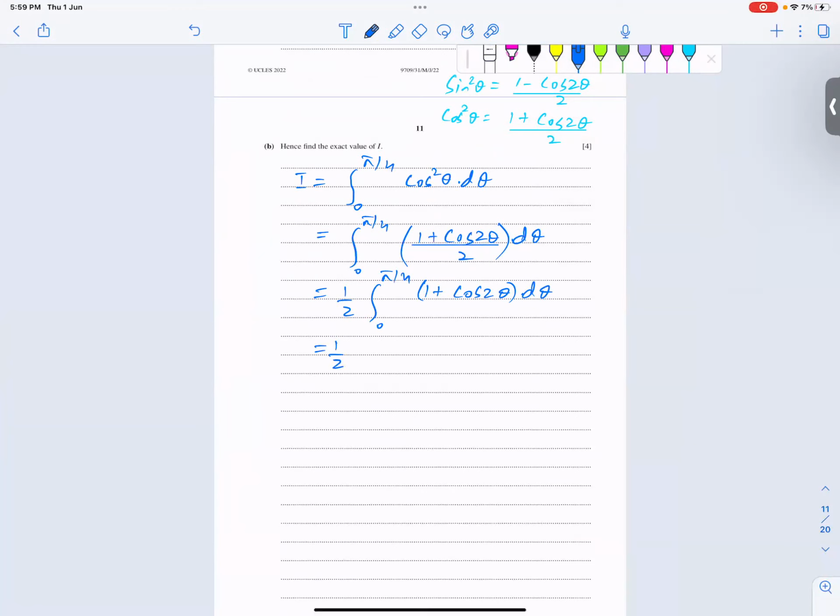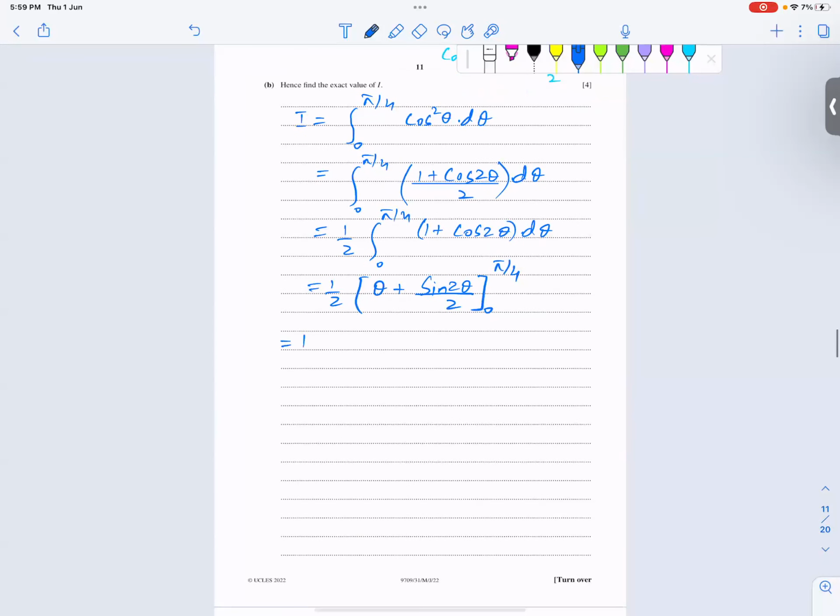Integration of 1 is theta, and integration of cos 2 theta is sine 2 theta over 2, with the limits 0 to pi over 4.